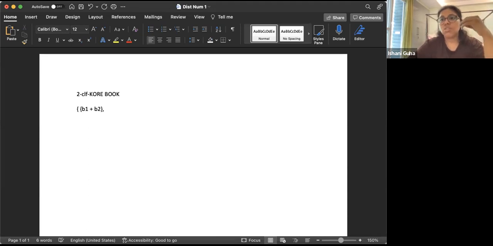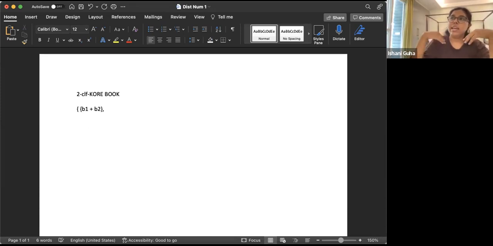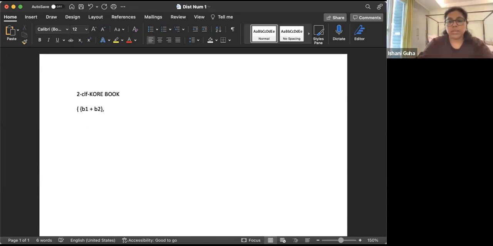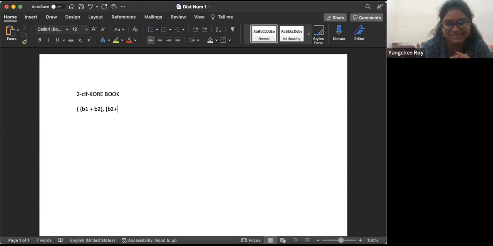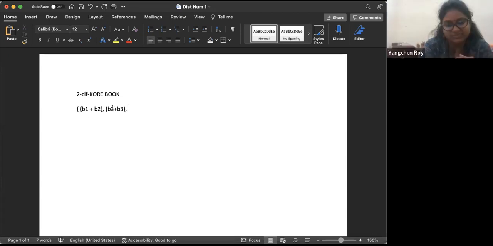So দুটো করে, two classifier, say book. What it would be is sets of 2 books. Let's say I don't want to name the books because I usually cannot remember the names of any book. So each student is reading a set of 2 books, right? আমার ক্লাসে প্রত্যেক স্টুডেন্ট দুটো করে বই পড়েছে. Every student in my class read 2 books. But can it be the same 2 possibly different books? Okay, I understood your question.